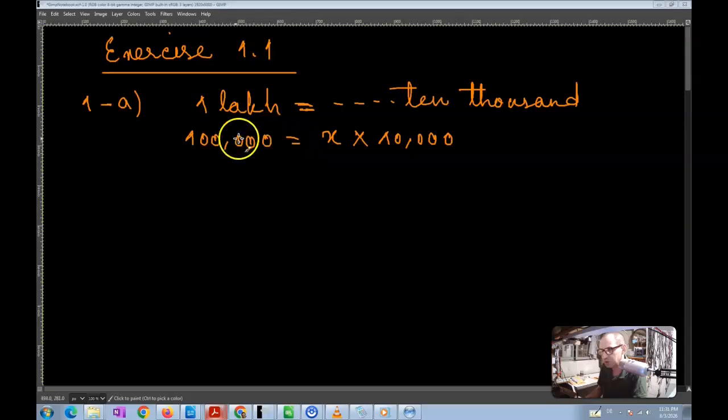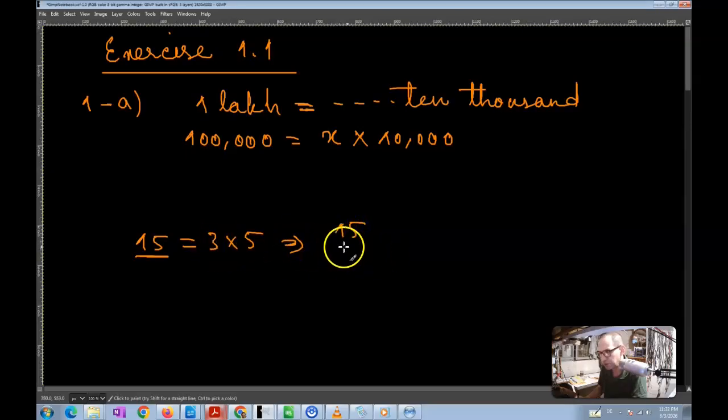So how do you solve this equation? In the previous videos we talked about solving equations, and we saw that, for example, when you have some number like 15, which is equal to 3 times 5, then based on this you can say that this number 15, which is alone on one side of the equation, if you divide it by any one of these two numbers, for example, suppose you divide by 3, on the other side of the equation you will get the other number, which is 5.